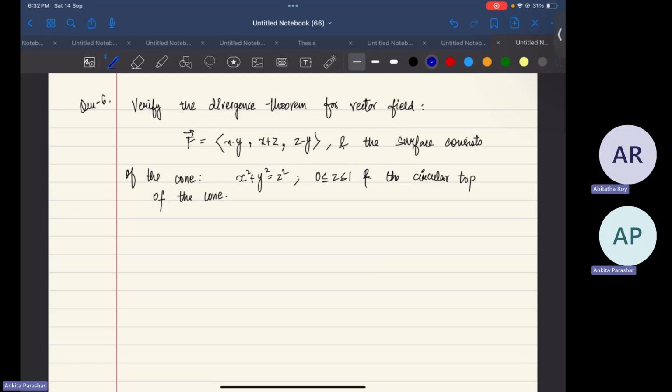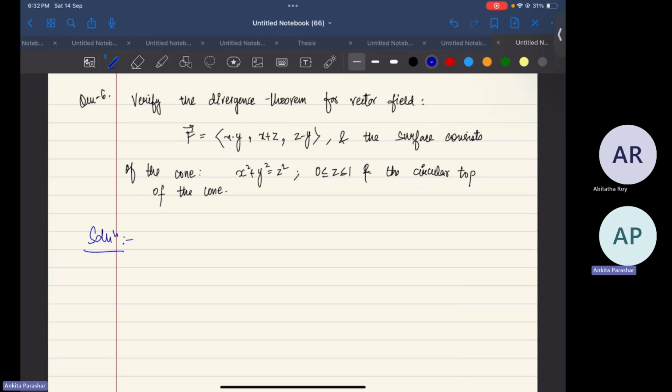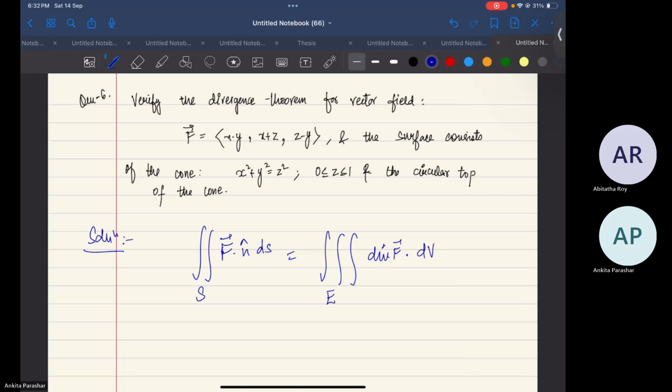Let's just write once more. What is the definition? It is F dot n dS over the surface S, which is the same as divergence F dV over the enclosed region E. The region is enclosed from z equal to 0 to z equal to 1.